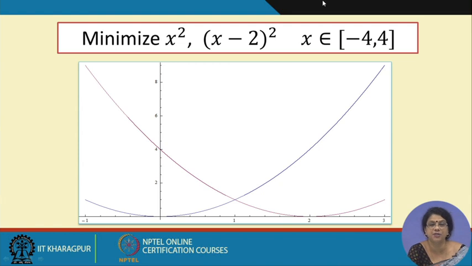This is an unconstrained nonlinear programming problem, where x is moving within minus 4 and 4, with minimization of x square and minimization of (x minus 2) square. If I just draw it, this is x square and this is (x minus 2) square. All right. Now, let me draw it for you.